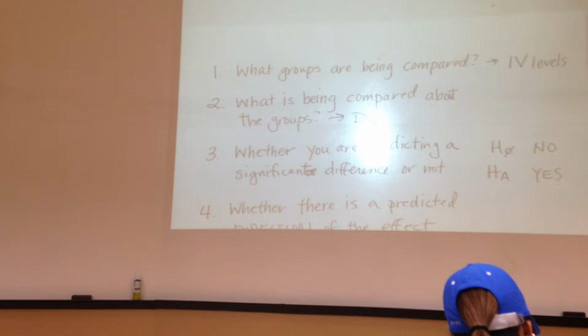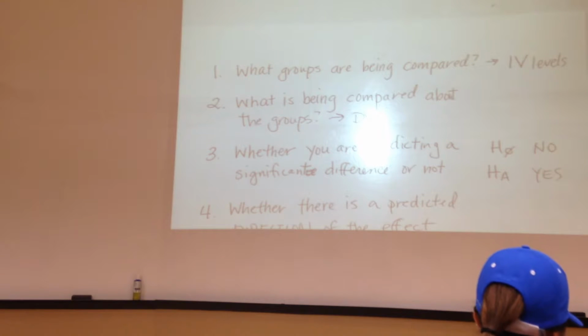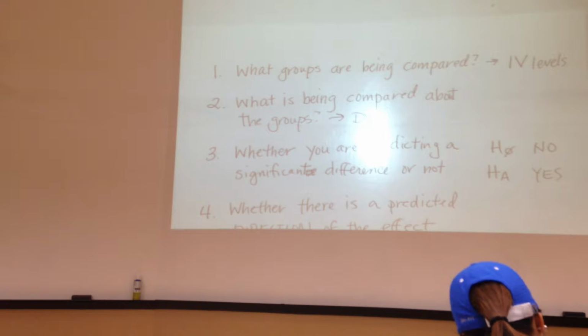So when you're looking at the summary, you have to figure out, is the researcher predicting a specific direction of the effect? Are they making a specific claim about one group having a score that's bigger than another group? Or are they just saying there's going to be a difference, but I don't know which way it's going to go?